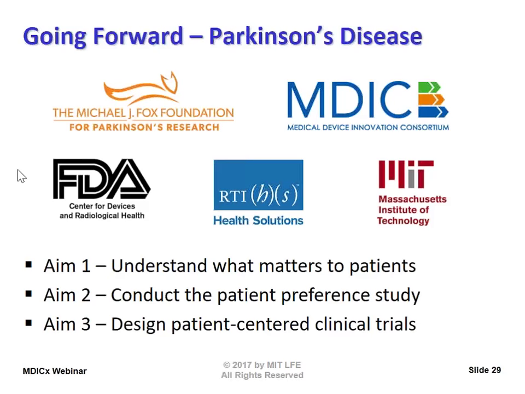Great, thank you. Can you comment? I think we could talk about this with both the obesity study and the Parkinson's study, about how our study teams chose the conditions that we studied. It's a great question.